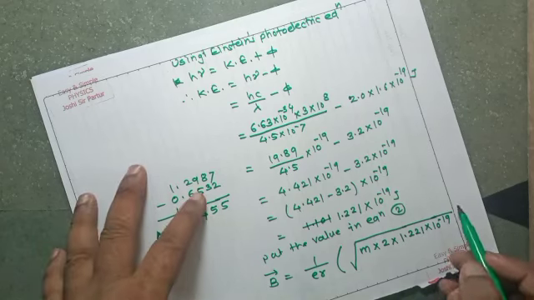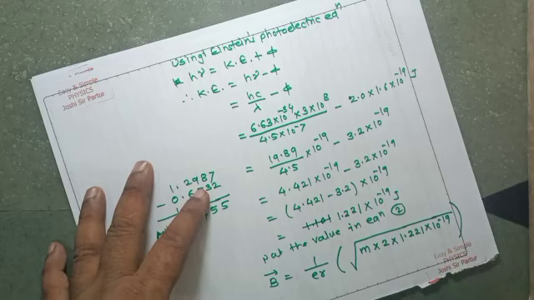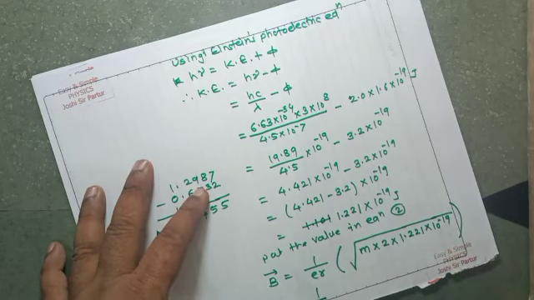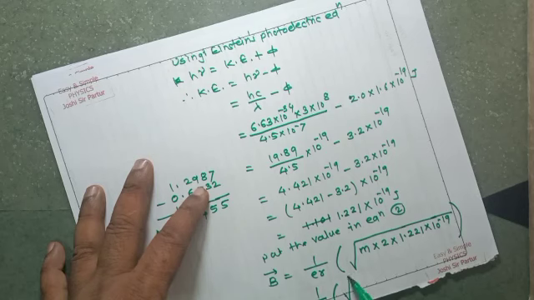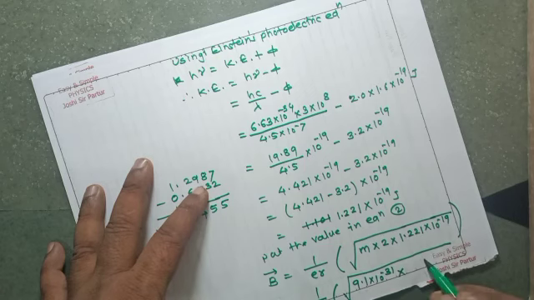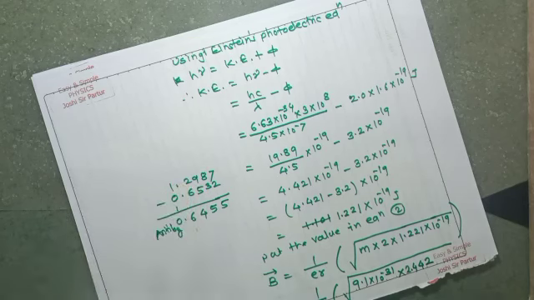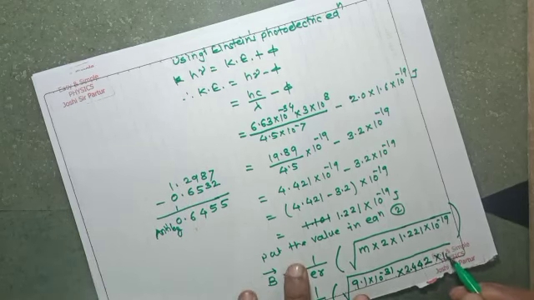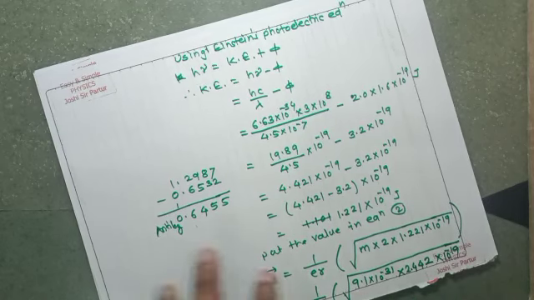So here if we substitute the values, 1 upon eR square root of 9.1 into 10 to the power minus 31 multiplied by 2.442 into 10 raised to minus 19. So what happened?